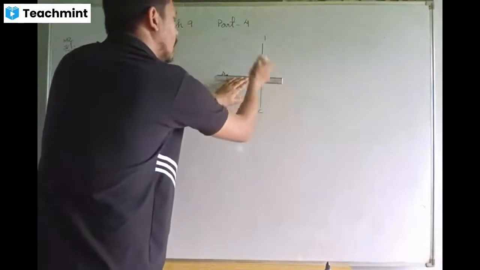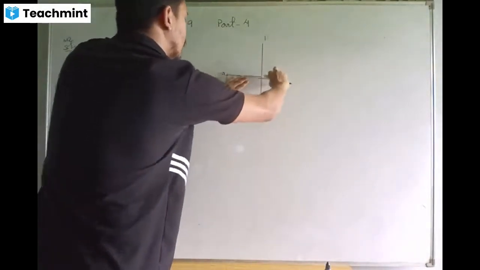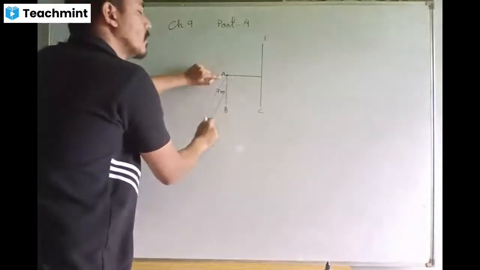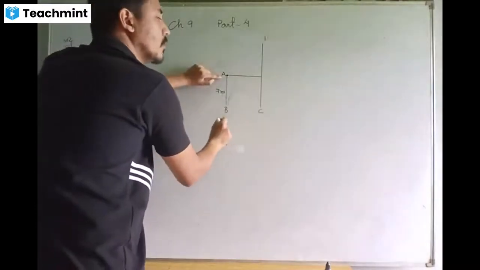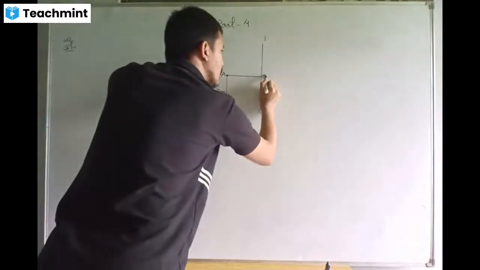From this point A, I'm going to draw the horizontal line first. From the observer's eye, you always draw a straight line known as the horizontal line. So AE is the horizontal line.